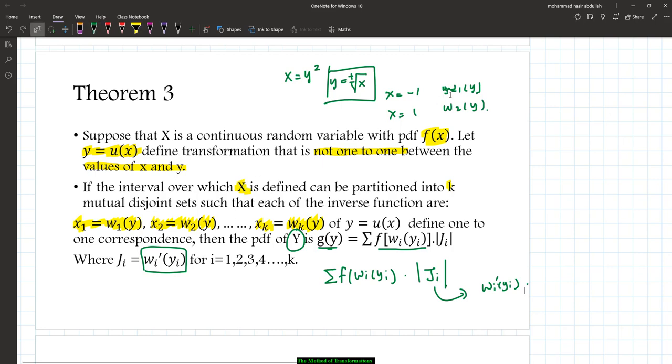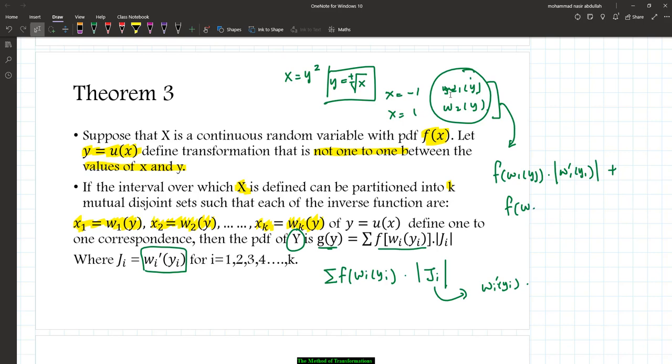Since we have many here, the first one we see here is f(w1(y)) multiplied by the absolute value of w1'(y), plus f(w2(y)) multiplied by the absolute value of w2'(y). This is what the formula is telling us.